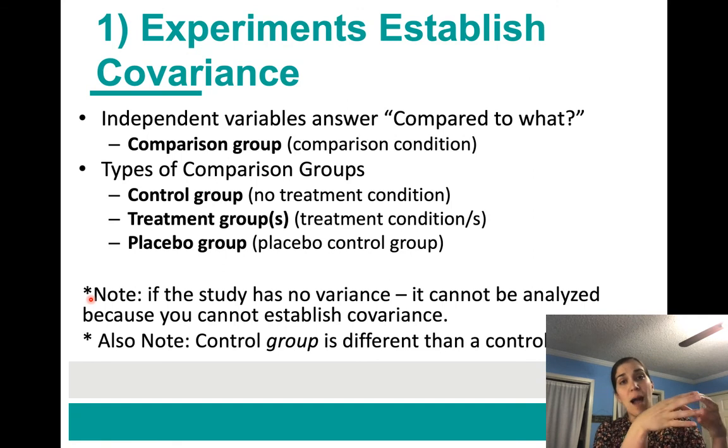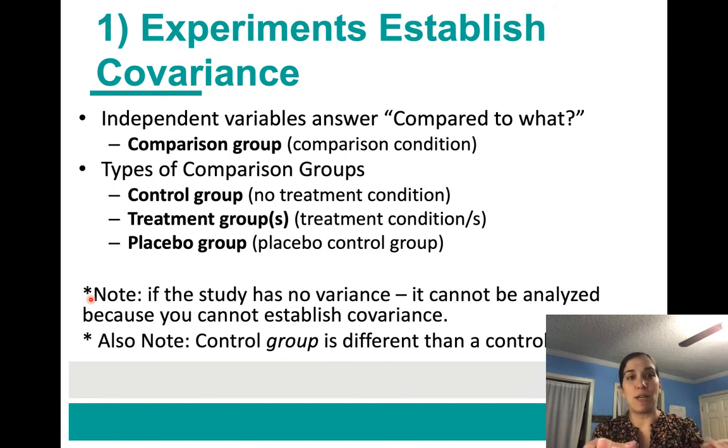And so I give one group 10 milligrams of my new drug, and I give the other group a pill that looks just like the 10 milligram pill, but it has nothing. It's just a sugar pill. And this is a placebo. And I give them the same depression questionnaire. And if you find that those that took the actual 10 milligrams of the medication have lower depression than the placebo, that means that the medication works.